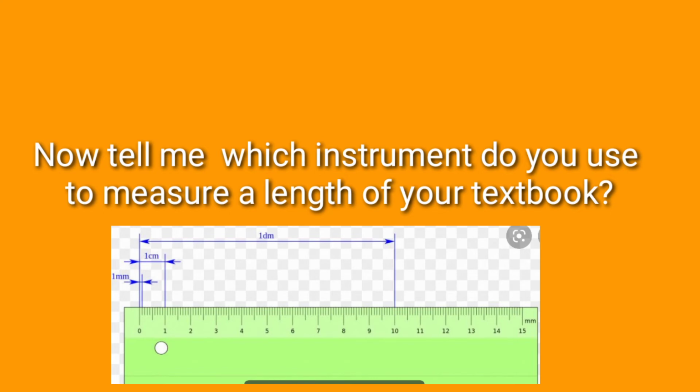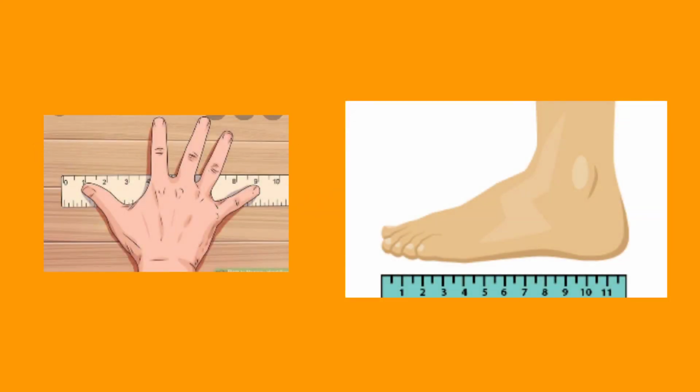We use ruler to measure small lengths. And if we do not have any tape or ruler to measure small lengths, we use our hand span or foot span to measure lengths. So children, I think your concept of measurement is clear.